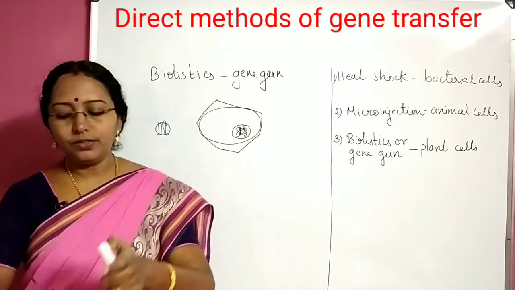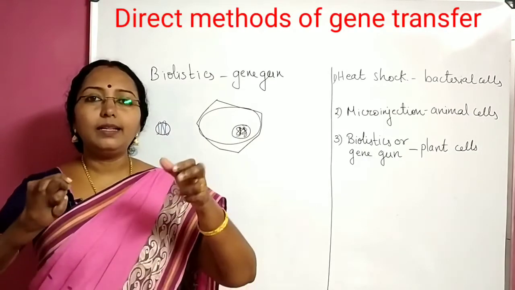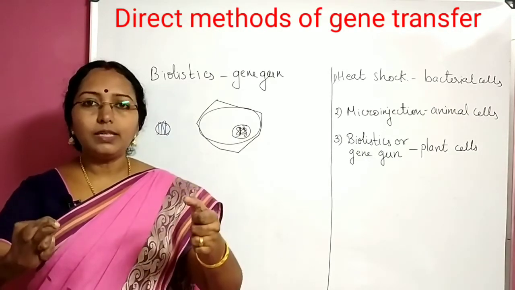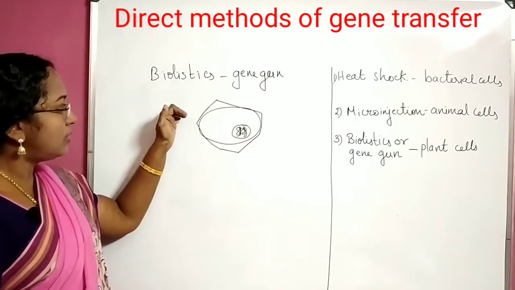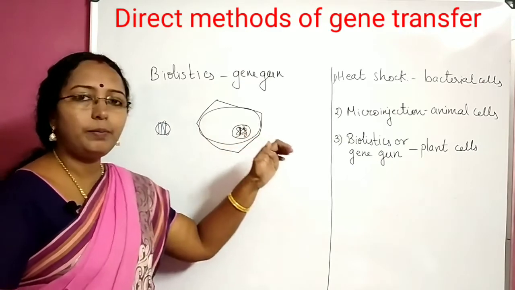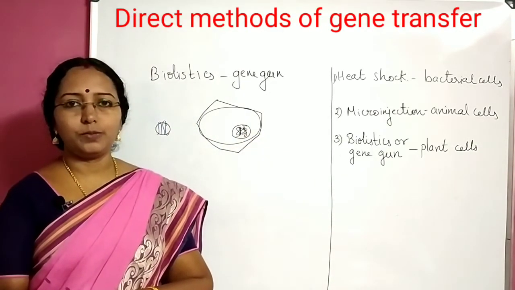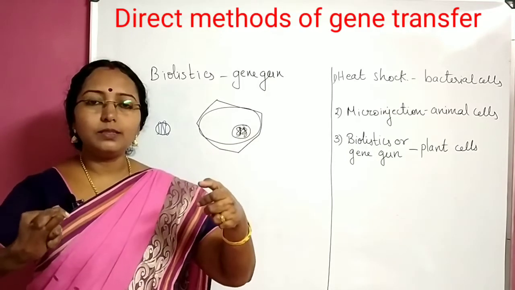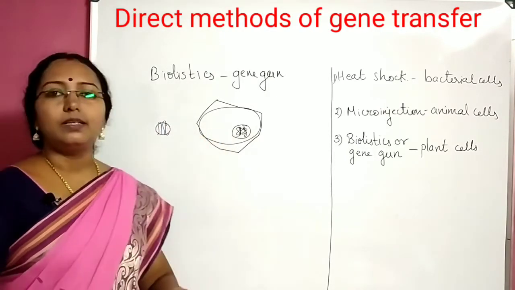It is taken into a biolistics gene gun, okay, and then it is triggered. Once it is triggered, it will enter through the cell wall, the cell membrane, the nuclear membrane, and it reaches the chromosome, the plant chromosome. So when you do it, it is not necessary that every time it will reach the chromosomes.